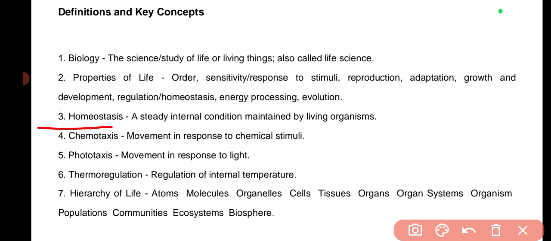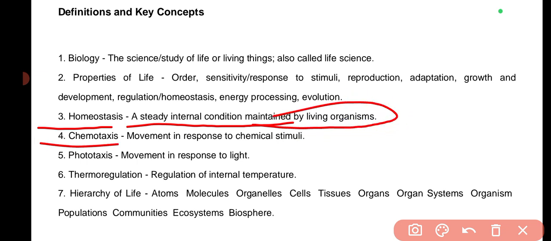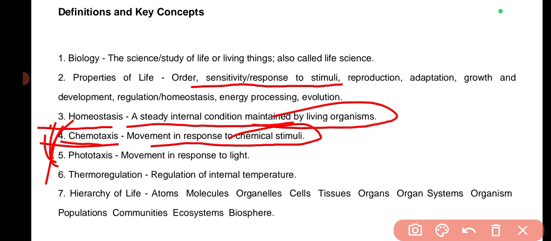So we have homeostasis, which is a steady internal condition maintained by living organisms. And we have chemotaxis. These two here are forms of responses to stimuli. So chemotaxis simply means response to chemical stimuli. It could be positive or negative. If the response is positive, then it means it is towards that particular thing.